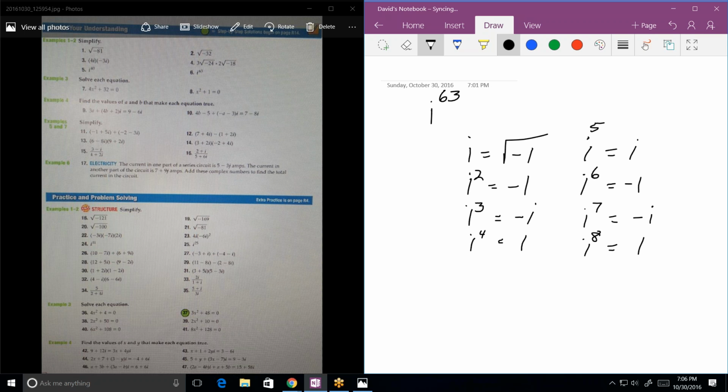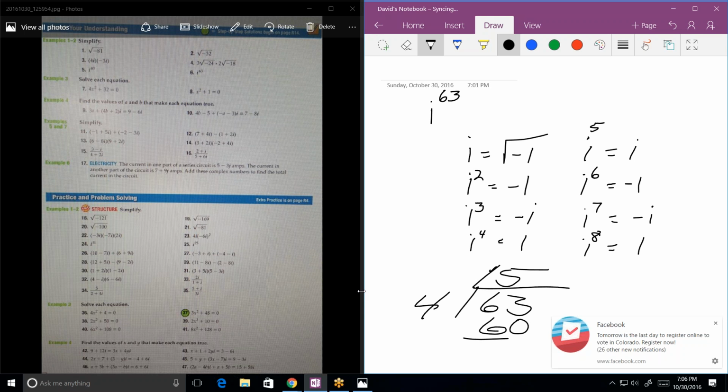The remainder of 3. That's the problem with doing everything on a calculator, sometimes it gives you the answer as a decimal instead of as a remainder. If I divide 63 by 4, it's 15 with a remainder of 3.